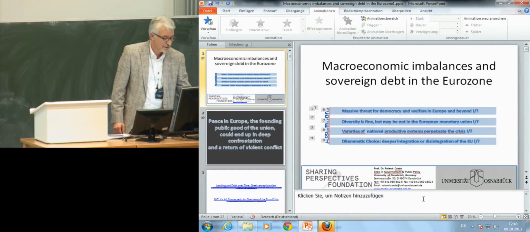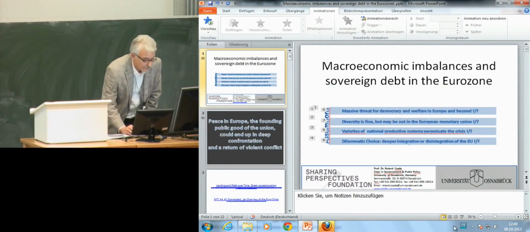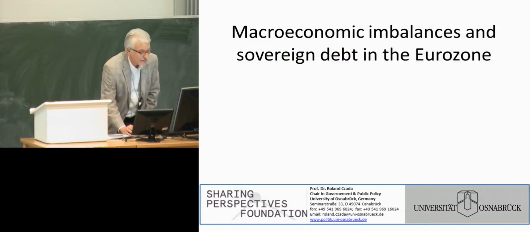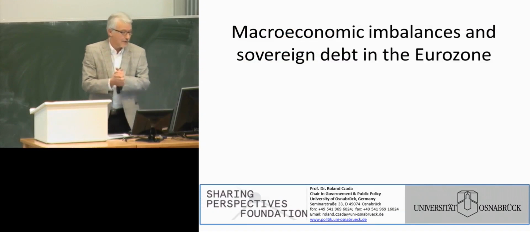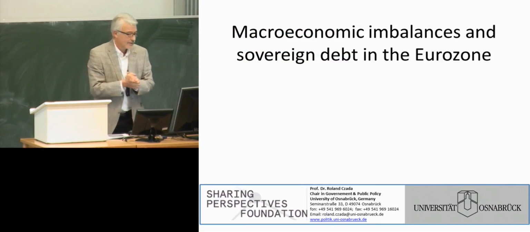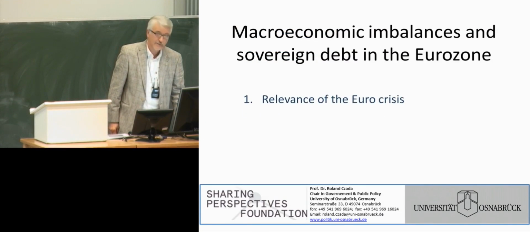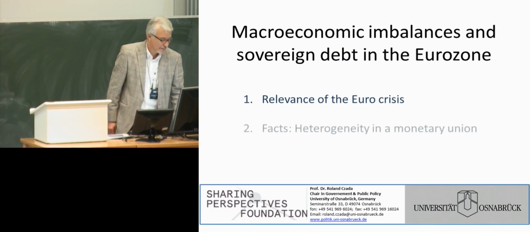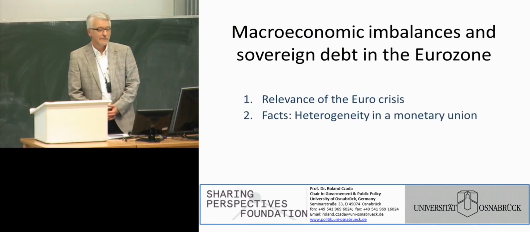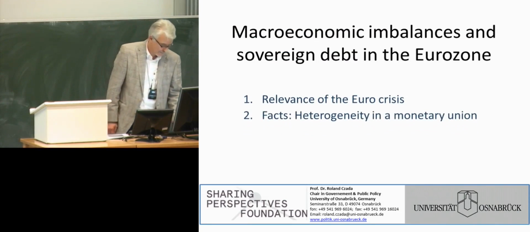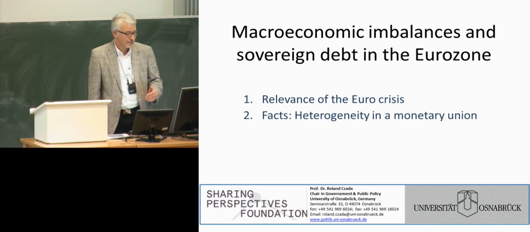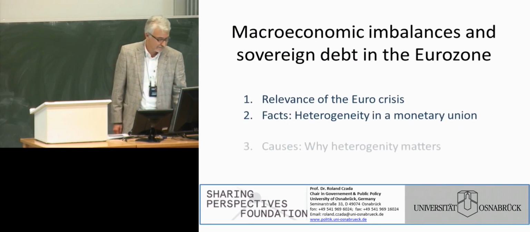Now we come to our topic, macroeconomic imbalances and sovereign debt in the Eurozone. I will first talk about the relevance of the euro crisis, then introduce some facts, particularly on heterogeneity in a monetary union.